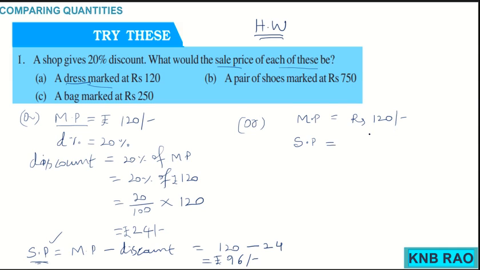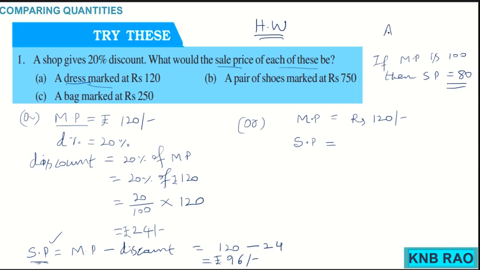Here in the unitary method, if MP is 100, then SP is 80. How did we get 80?